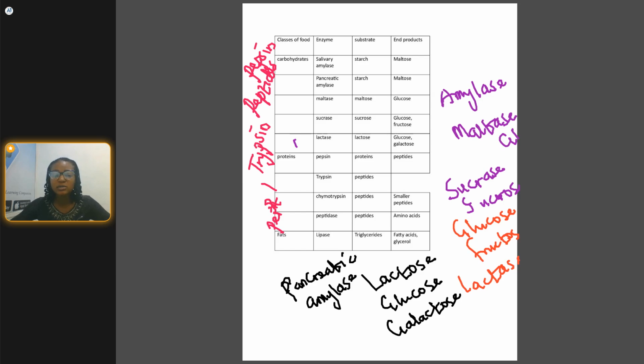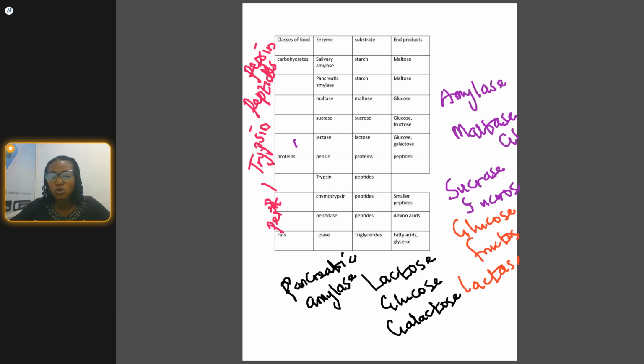Talking about the enzymes for protein, we have talked about the pepsin, we have talked about the trypsin, and we have the chymotrypsin, as you can see on the board, which acts on peptides. Acting on the peptides, the end product is smaller peptides.